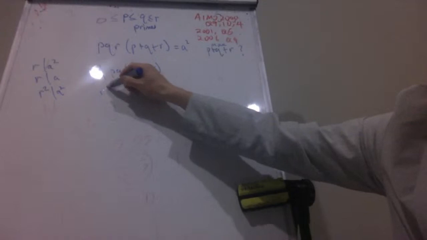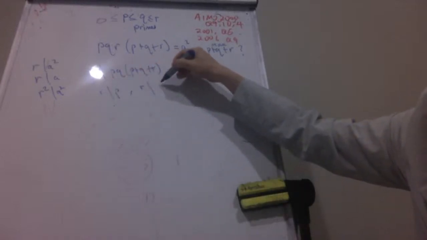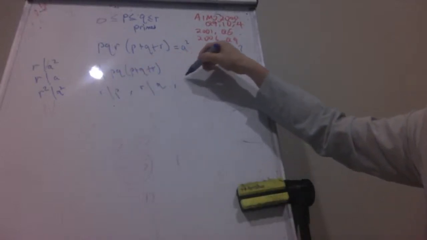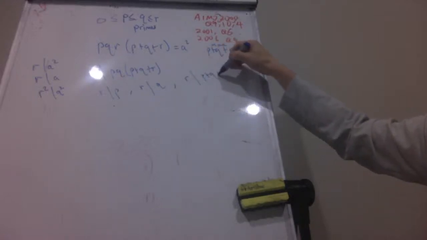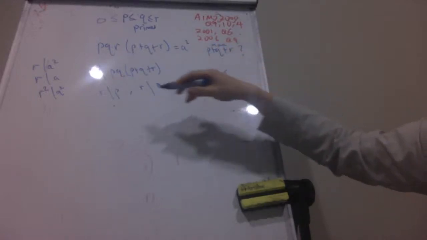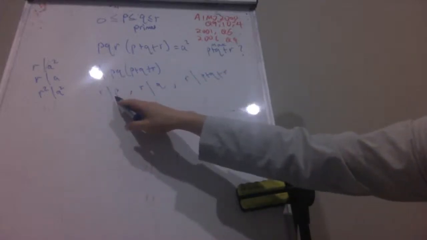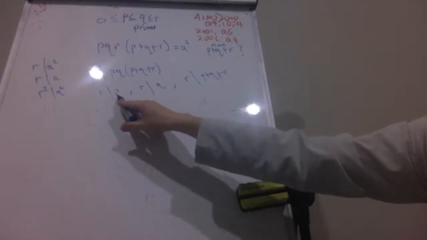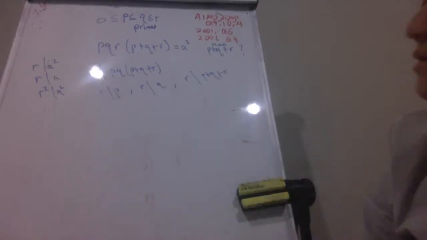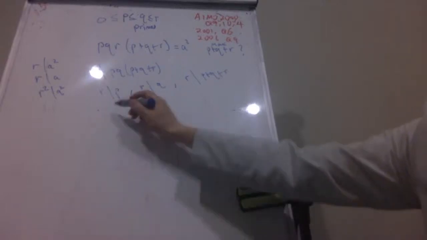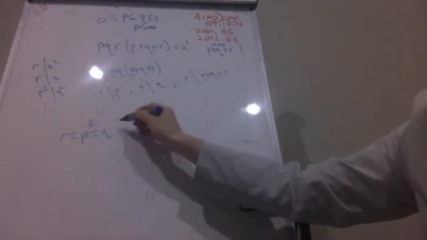And because R is prime, that means R has to divide P, R has to divide Q, or R has to divide P plus Q plus R, right? See, if R divides P, then because P is prime, they're equal, so this is R equals P equals Q, because Q is in between.